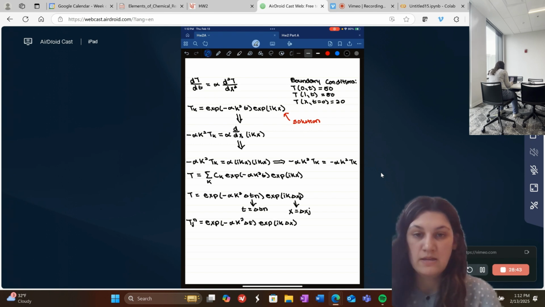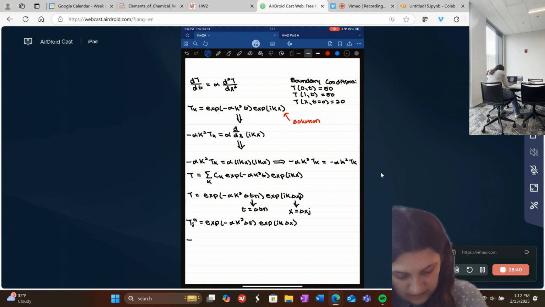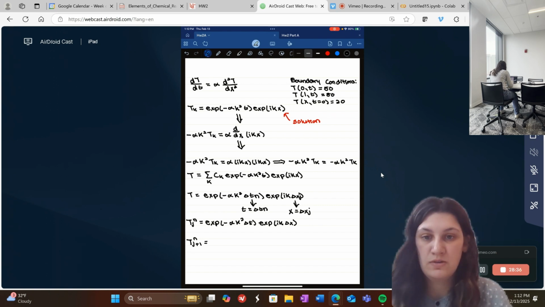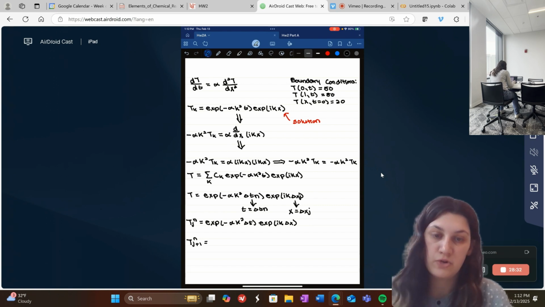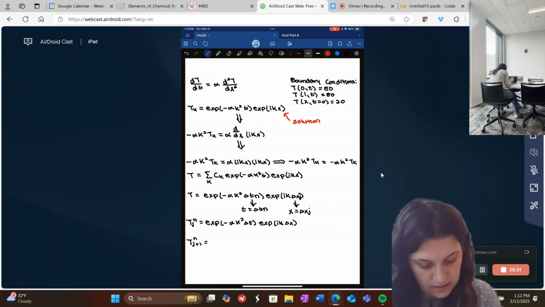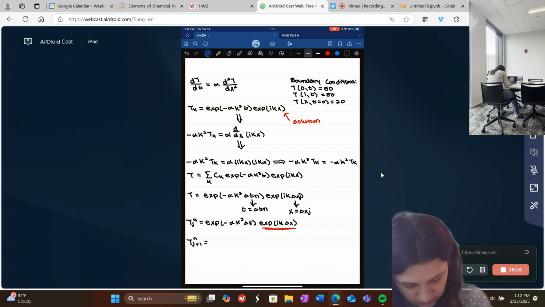Perfect. And now we want to look at T_{j+1}^n. Now this is essentially T_j plus an extra j, which is this term here. So we can express this as e^{i k delta x} times T_j^n.